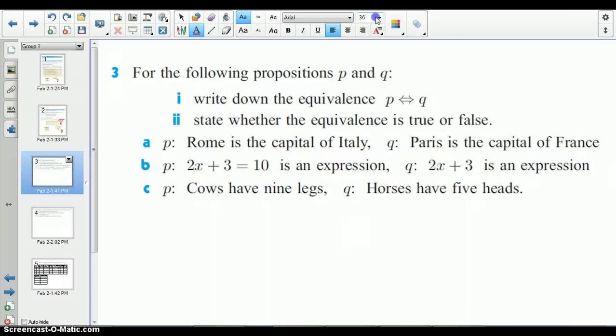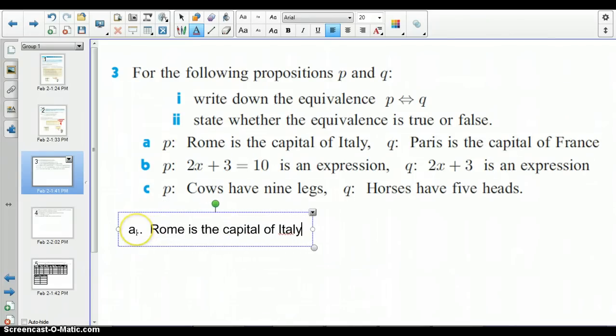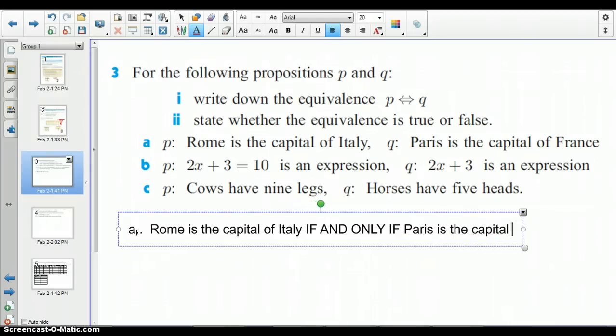Actually, I suppose I can write it out. So, if Rome is the capital of Italy, now remember, we're looking for the equivalence here, if and only if Paris is the capital of France.